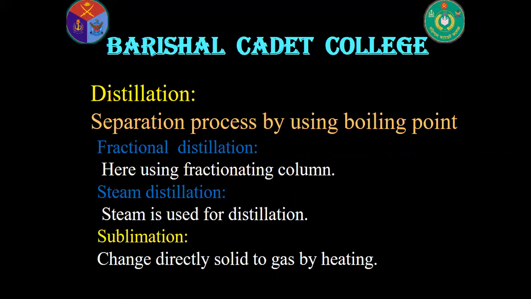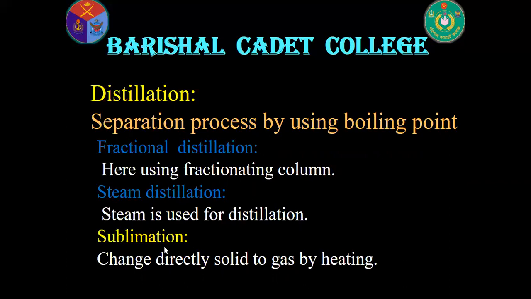There are several distillation processes. Here are three: fractional distillation by using a fractionating column, steam distillation which uses steam or vapor for the distillation, and normal distillation.